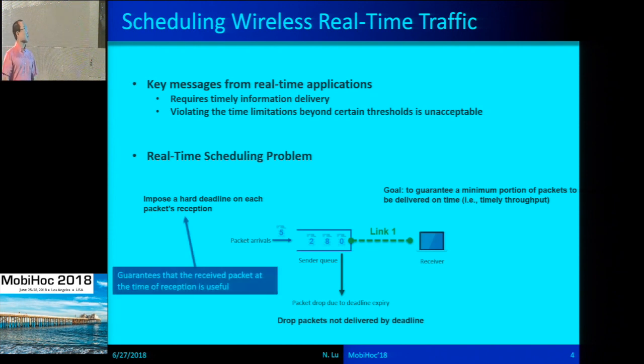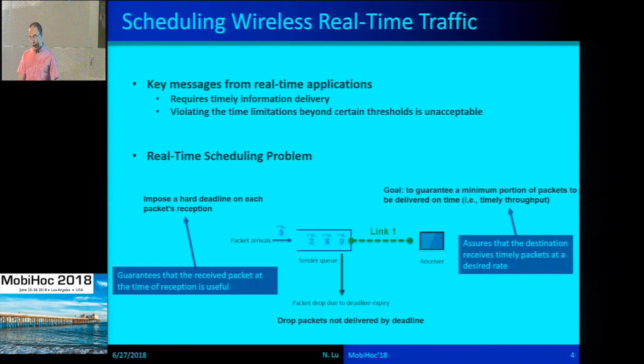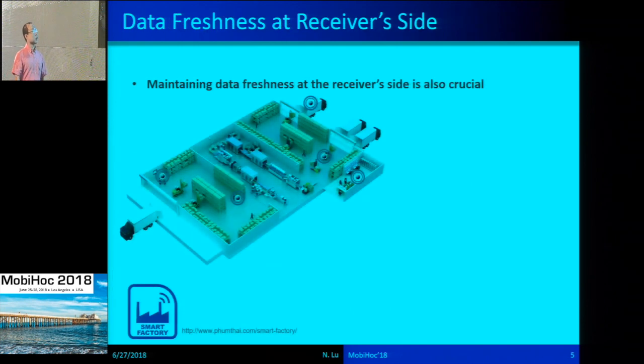It is worth noting that imposing a hard deadline on each packet's reception basically guarantees that the received packet at the time of reception is fresh or useful, and guaranteeing the timely throughput assures that the destination receives packets at a desired rate. But that might not be sufficient to guarantee information freshness in the real-time system. For example, in the same example, this sensor keeps sending measurements of inventory to a central controller.